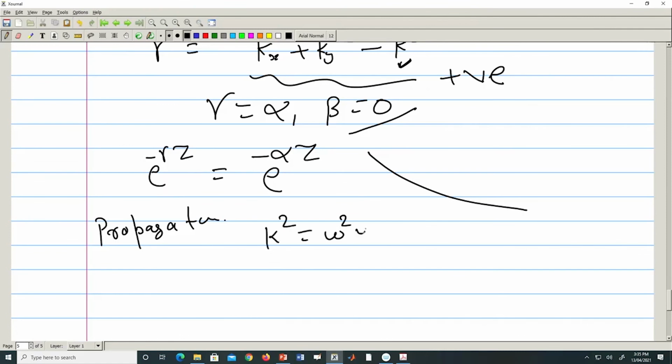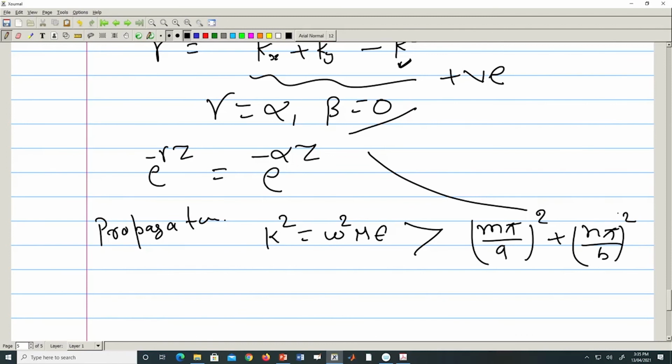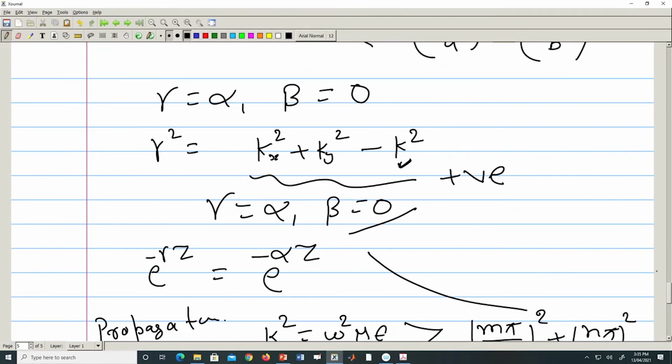So here k square will be greater, that means gamma square will be negative. Gamma is the square root of kx square plus ky square minus k square. So if k square is greater than this summation, inside it will be negative and this will be a purely imaginary number.